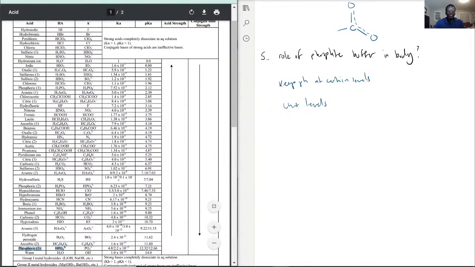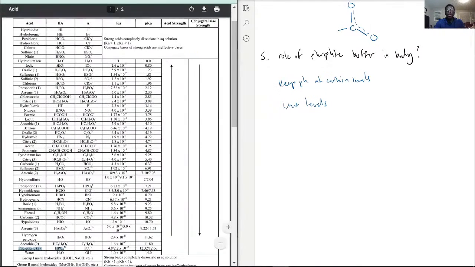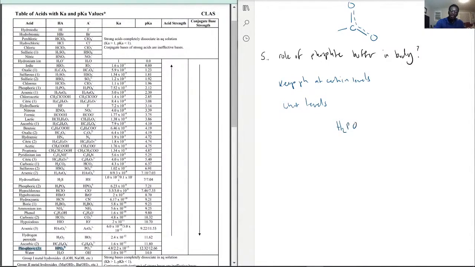If I remember correctly, the phosphorus we're dealing with in our body is usually between H2PO4 minus and HPO4 2 minus.